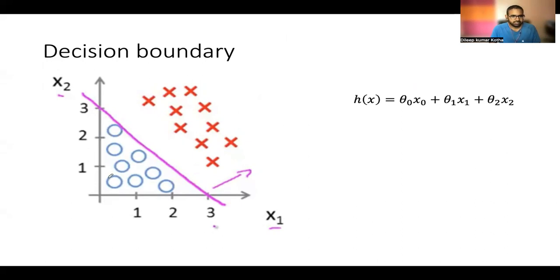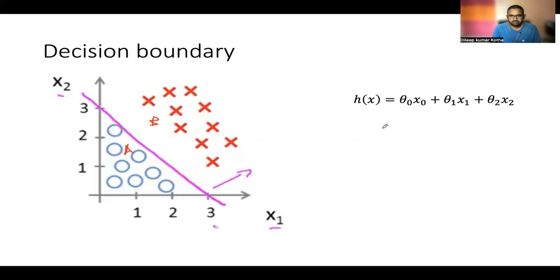Let's assume they are class A and class B. Now, given two variables x1 and x2, how do you determine whether it belongs to class A or class B?